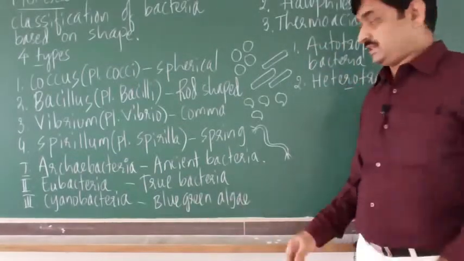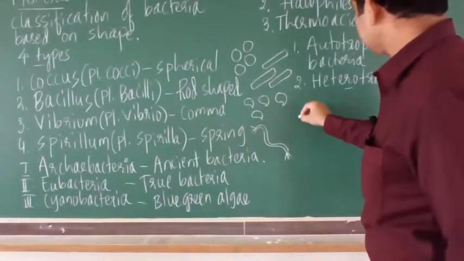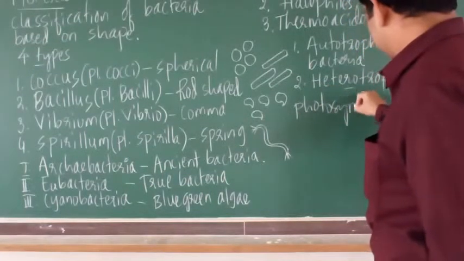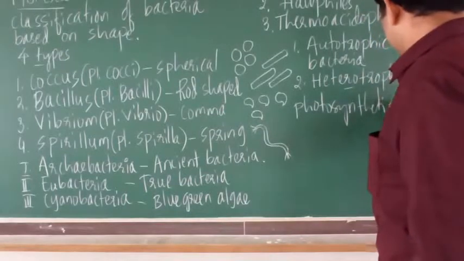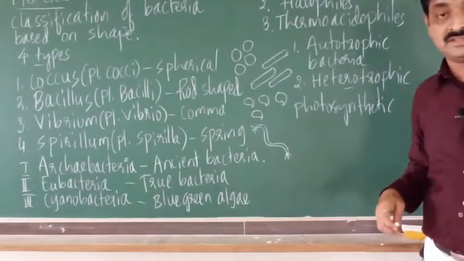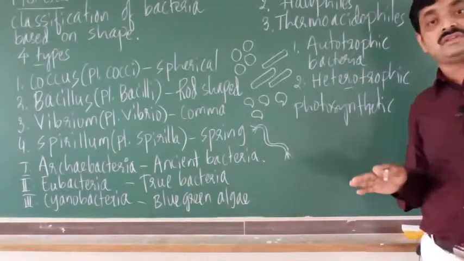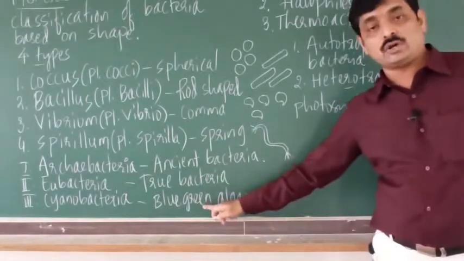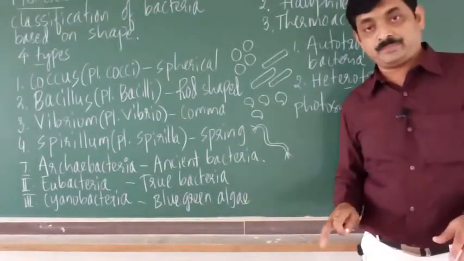So cyanobacteria, they are a type of photosynthetic bacteria or autotrophic bacteria, right? So such photosynthetic autotrophic bacteria, they are called cyanobacteria, commonly called blue-green algae.